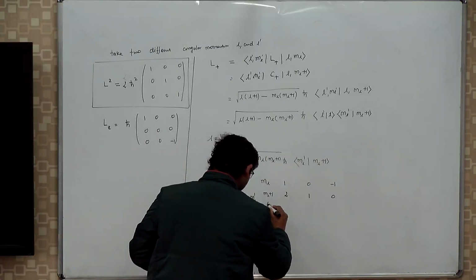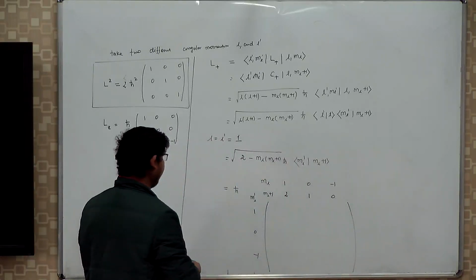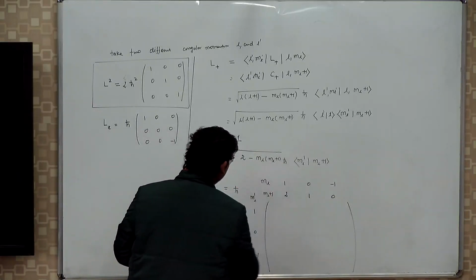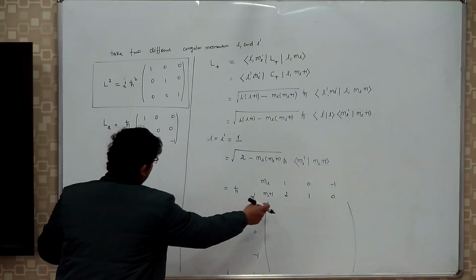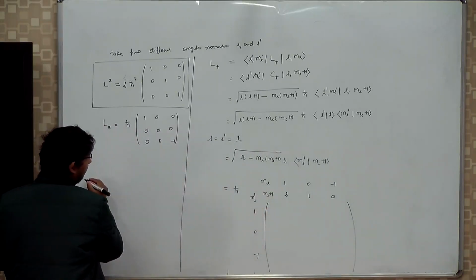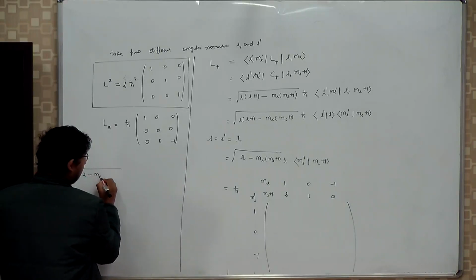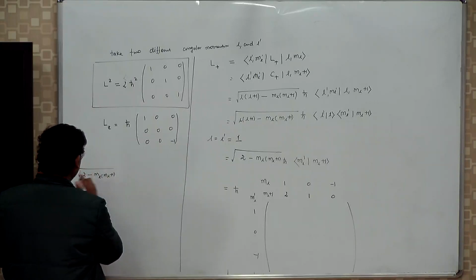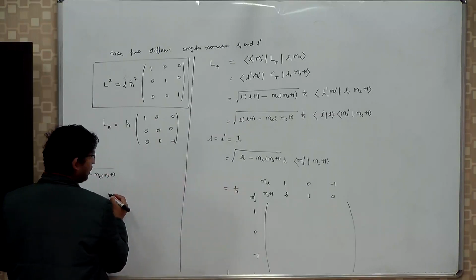So the inner product will be developed like this. Then multiply with this term, square root of 2. I am calculating the first entry here: square root of 2 minus mL into mL plus 1. So ħ is a common factor outside.